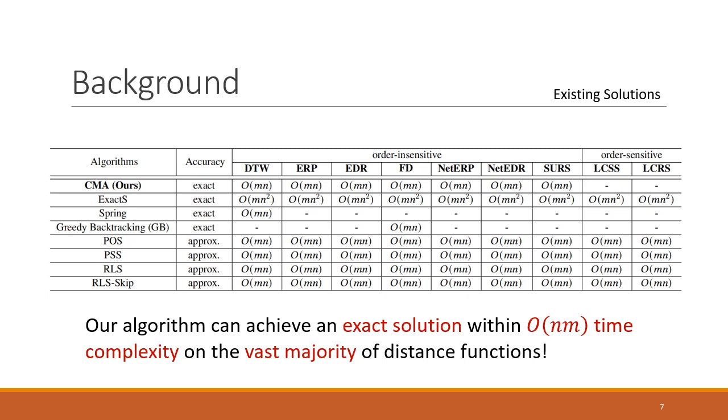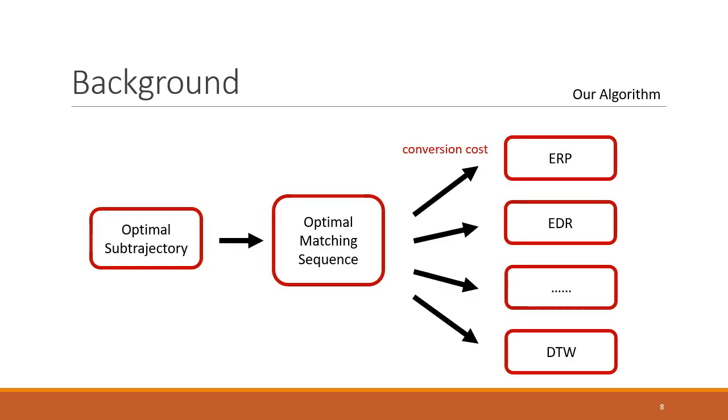Compared to previous work, our algorithm is capable of achieving an exact solution with O(mn) time complexity for the vast majority of distance functions. What sets our work apart from previous approaches is that we don't directly search for the optimal subtrajectory.